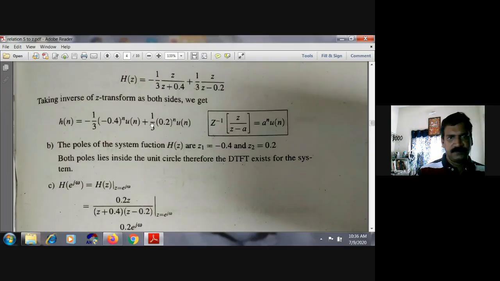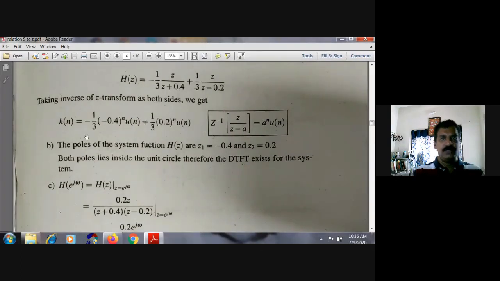So plus 1 by 3 into 0.2 raised to n into u of n. So this is the impulse response, the standard inverse Z transform.